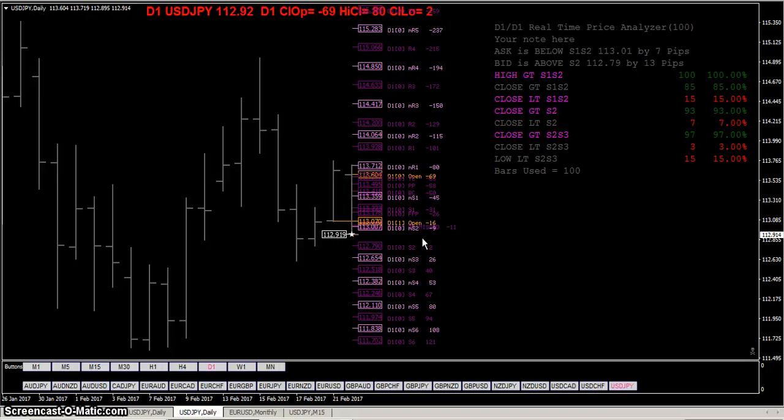It's still early here. It's 5:50 a.m. my time. So let's just say if close gets below here, we're going to be looking at these percentages to see what our quote-unquote odds are of price closing above these levels.